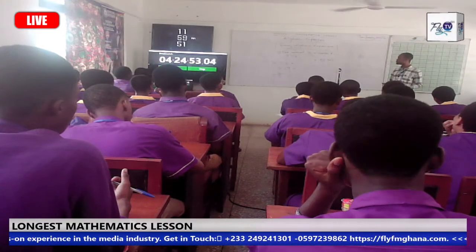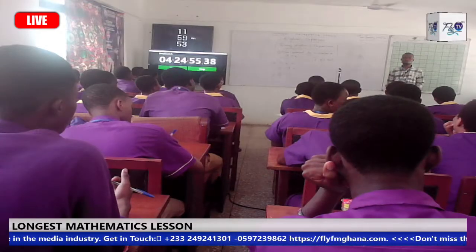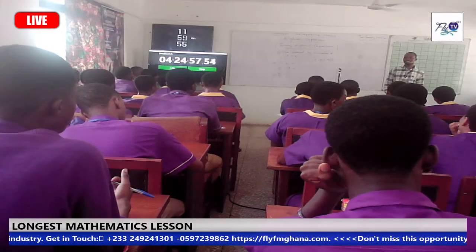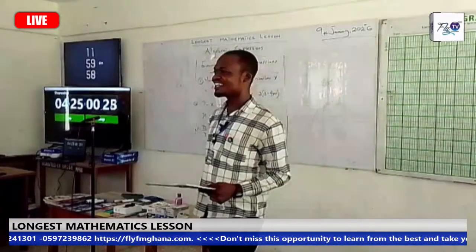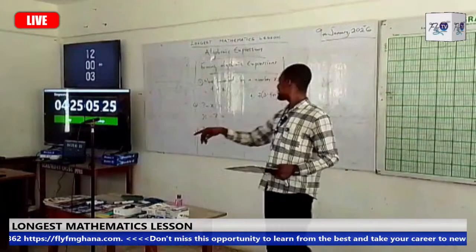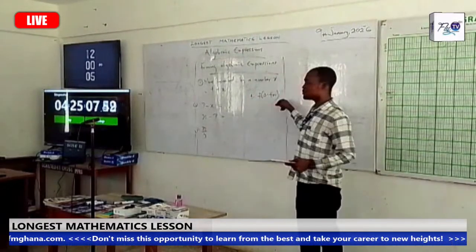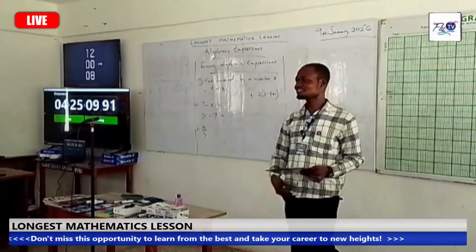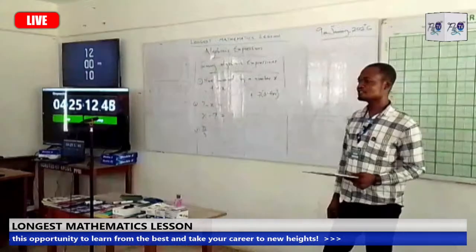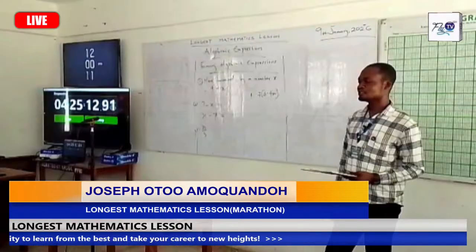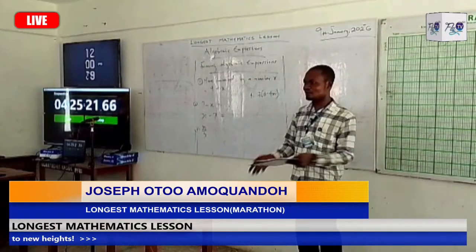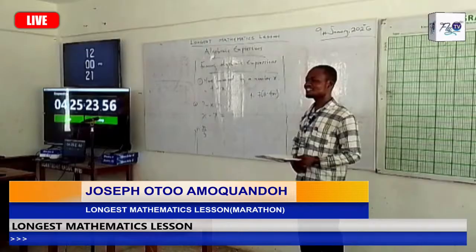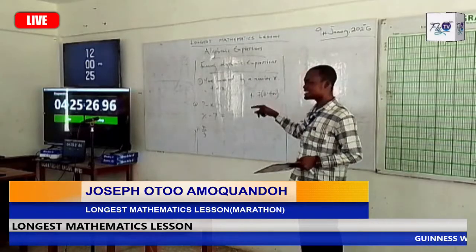Brother, read what you have on the board here for me. What is this? 4 downwards. Which 4? Is it part or it's not part? Number 4. So how will you be able to differentiate that this is a number?